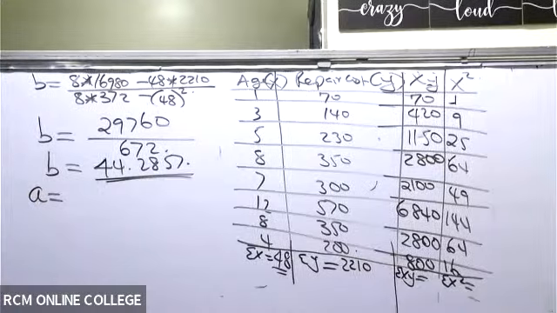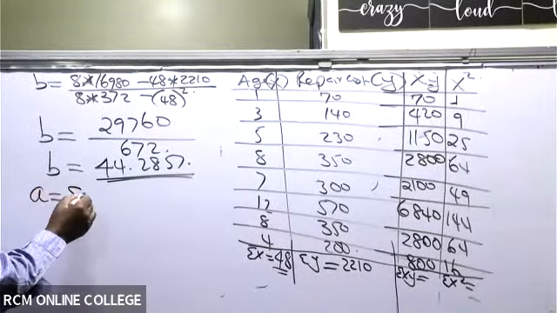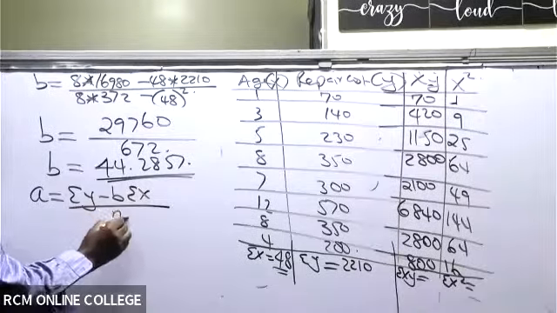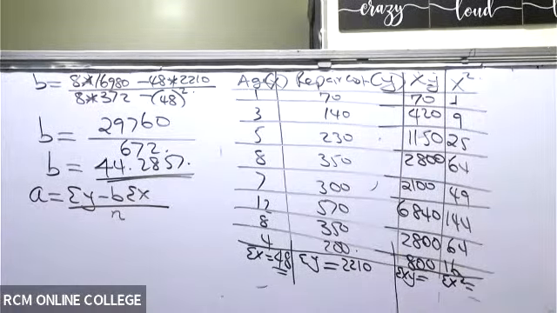So to get A, we normally take summation of Y minus B, summation of X, divided by N. Do we have all these parameters? Oh yes, we do.